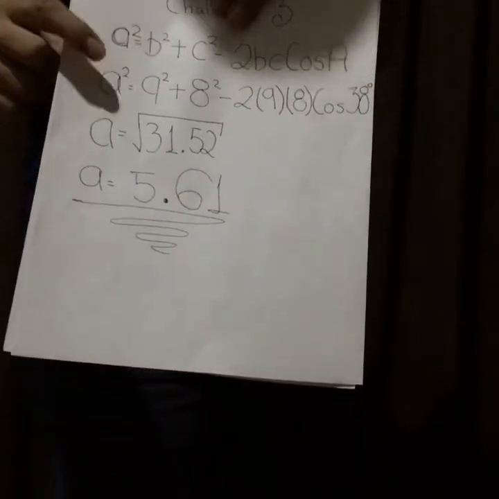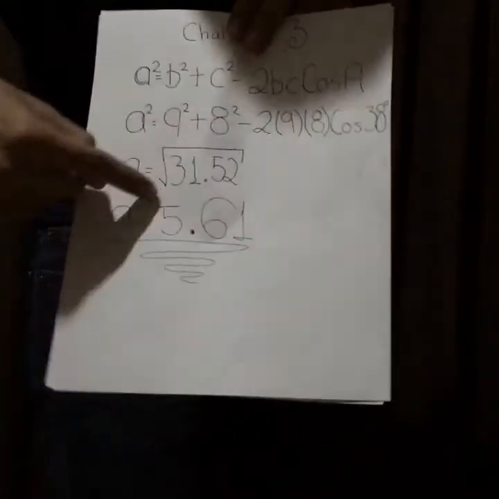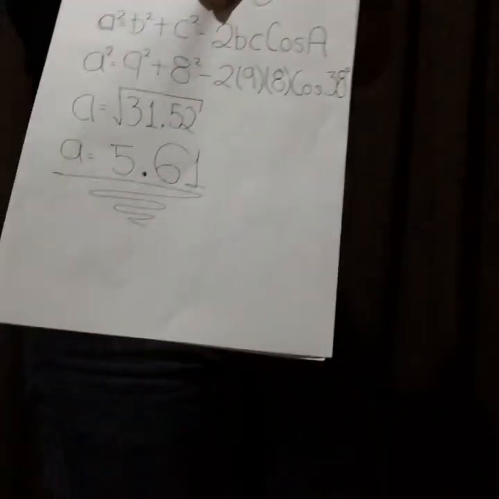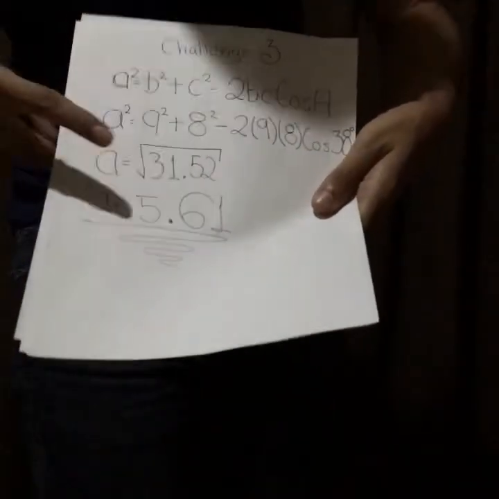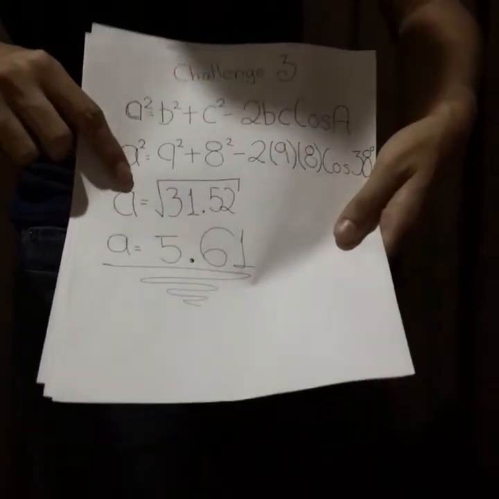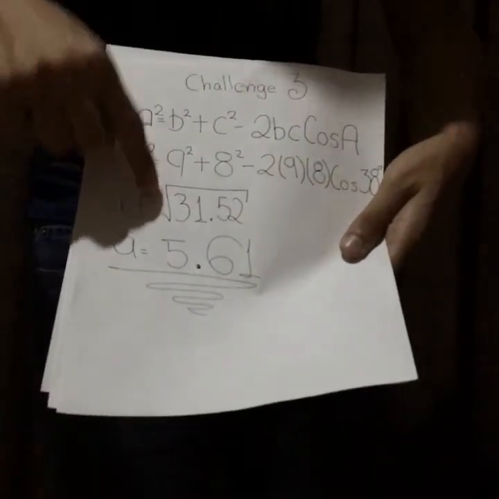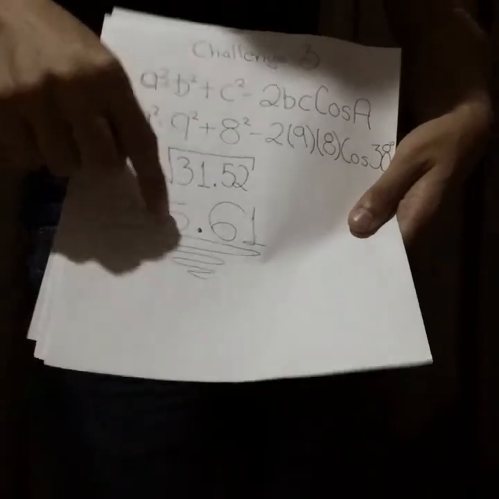So a squared is equal to 9 squared plus 8 squared minus 2 multiplied by 9 multiplied by 8 multiplied by the cosine of 38. This operation gives us 31.25, and we pass the square to the other side as a square root. The square root of 31.25 is 5.61. So A is equal to 5.61.